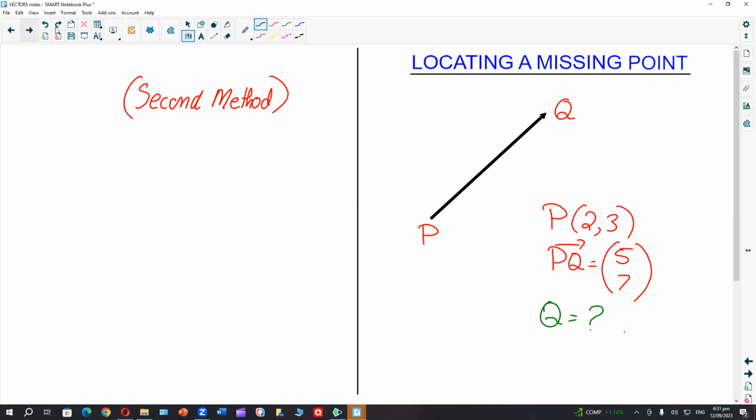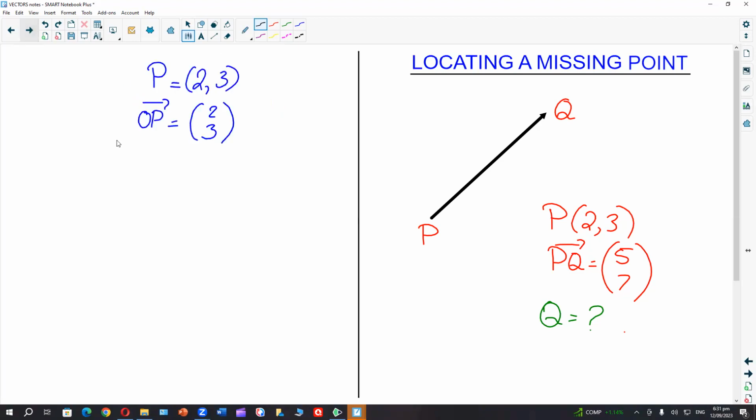Now, how this second method works: we suppose the point is 2, 3. Look at this carefully. If the point is 2, 3, it will mean OP will be 2, 3. This is how position vector works. So we have OP. Then we make our head to tail formula: OP plus PQ is equal to OQ.